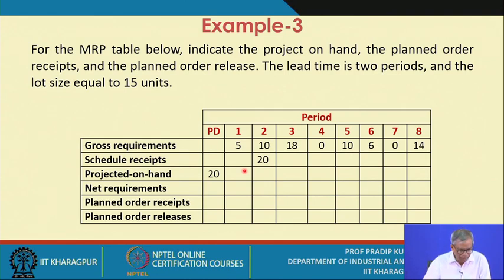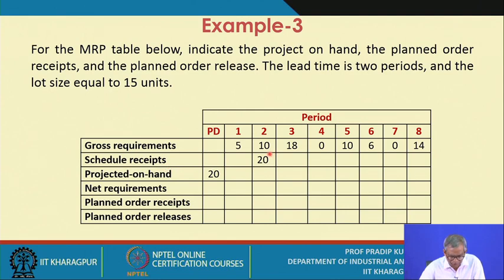Now the third example: for the MRP table below, indicate the projected on hand, the planned order receipts and the planned order releases. The lead time is 2 periods and the lot size is equal to 15 weeks. Again you have the same sort of data, the same set of gross requirement values.